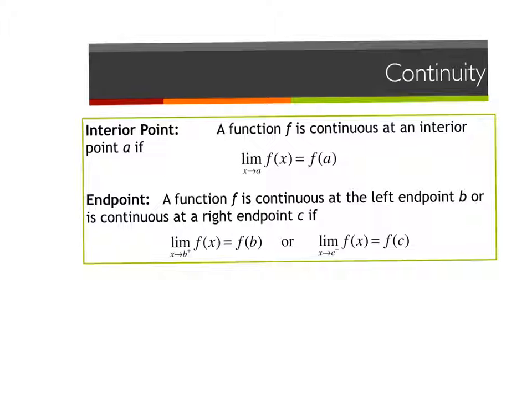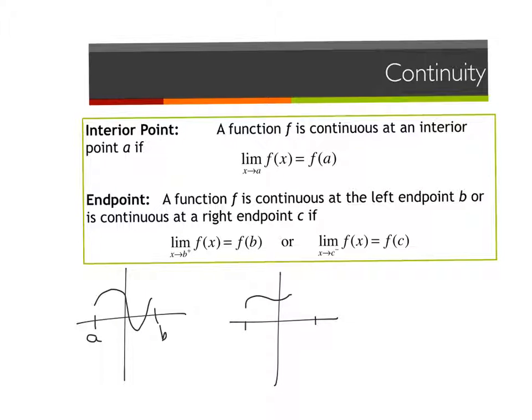So for instance, if I have a graph from A to B, and I can draw it like this, that's continuous because I drew that without picking up my stylus and having to do anything weird. Now, if I have one from A to B, and it's like that, that is not continuous, because I could not draw that without picking up my stylus.